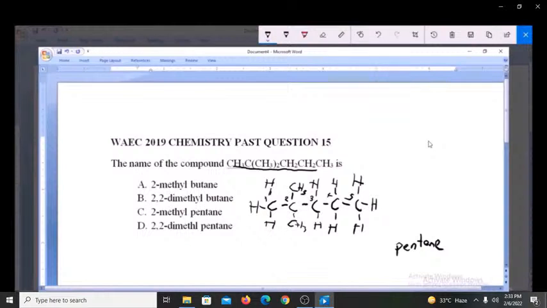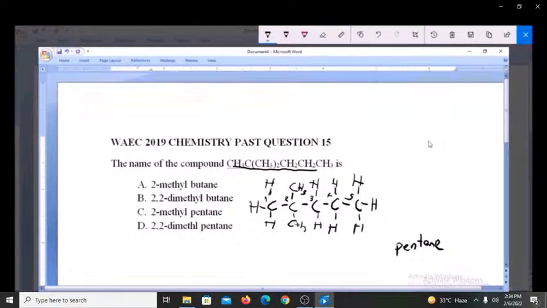Now, next thing you will do is, for the carbon atom where you have the functional group, you determine which functional group is attached to that carbon atom. So the functional group you have there is methyl, and you have 2 methyl attached to the carbon. So the carbon is the second carbon, and both methyl groups are attached to the second carbon.